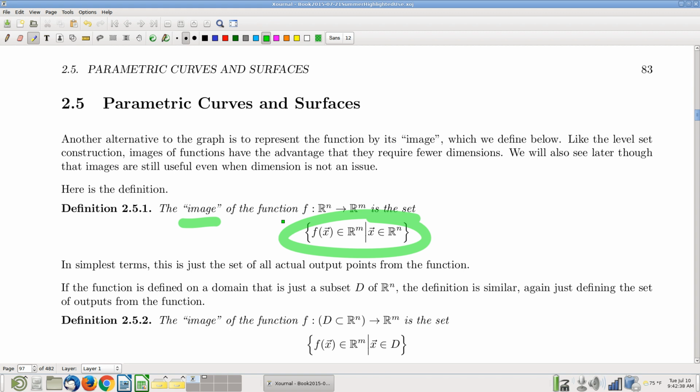The image, though, is precisely which points in R^m come out, right? So anyway, that is a set. It's a geometric object. Sometimes it's an interesting geometric object. And so this is a way that, from a certain point of view, the image can be thought of as a construction. There's a geometric object, a picture of sorts, that directly relates to a function. Okay.